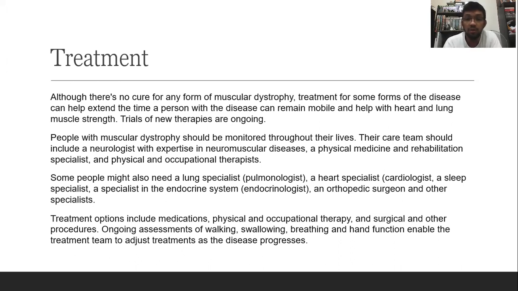Treatment options include medications, physical and occupational therapy, surgical and other procedures, and ongoing assessments of walking, swallowing, breathing, and hand function, which will enable the treatment team to adjust treatments as the disease progresses. As the patient grows older, this disease progresses and further worsens.